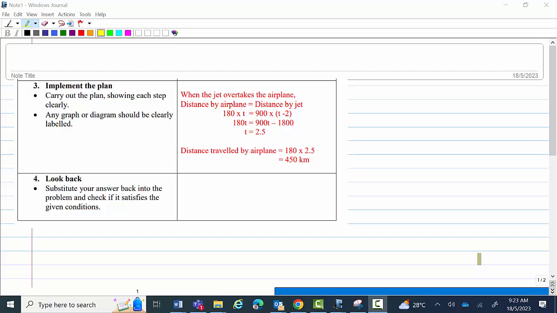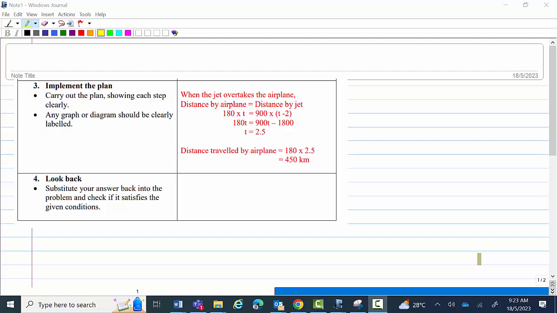Distance equals speed times time. The speed of the airplane is 180 km per hour, the time is t hours, so 180t is the distance covered by the airplane. The jet's speed is 900 km per hour, but because it took off 2 hours later, its travel time is t minus 2.